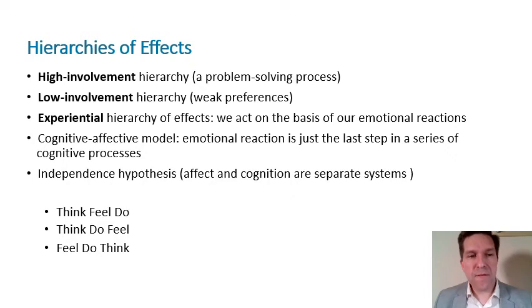So here you have the idea of hierarchy of effects, right? Depending on an external variable, which is involvement, which we have discussed in the past, is essentially how important that product, object, or thing is to the consumer in a given situation, because involvement could be situational.